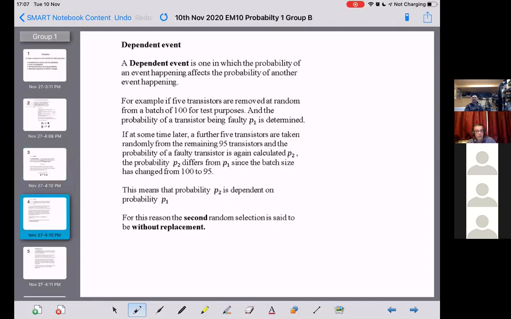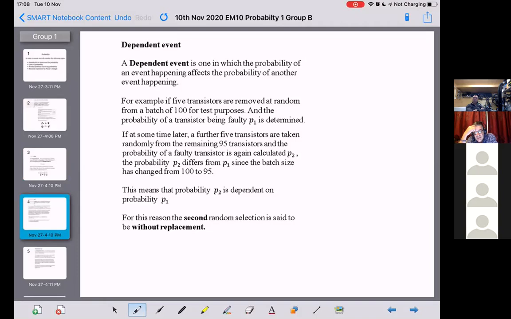Good. Right. Now, another term, a dependent event. A dependent event is one in which the probability of an event happening affects the probability of another event happening. For example, if 5 transistors are removed at random from a batch of 100 for test purposes, and the probability of a transistor being faulty, P1, is determined from that.